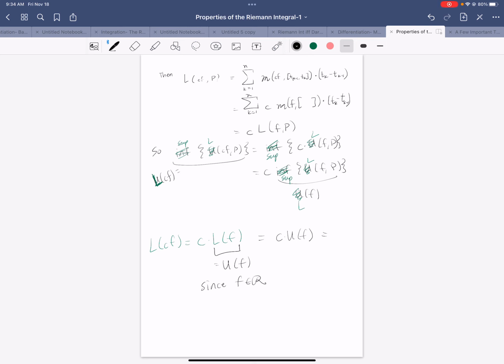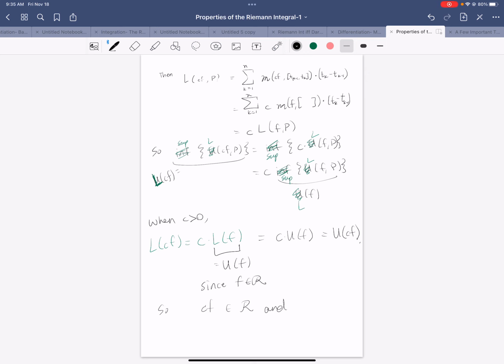But remember, we just proved that C times the upper integral of F is the upper integral of C times F. And this is true when C is bigger than 0, okay? So CF will be Riemann integrable as desired.